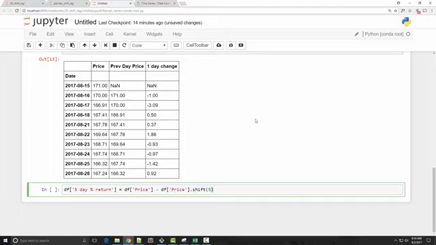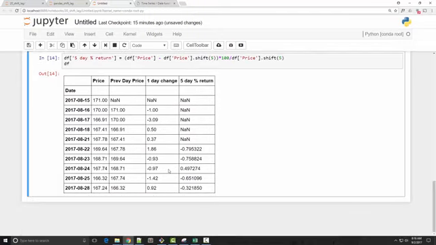So this is how you get the price before 5 days. This way you get a difference in those last 5 days. And since we are calculating percentage, I'm going to multiply it by 100 and then divide by the base price, which is the price before 5 days.